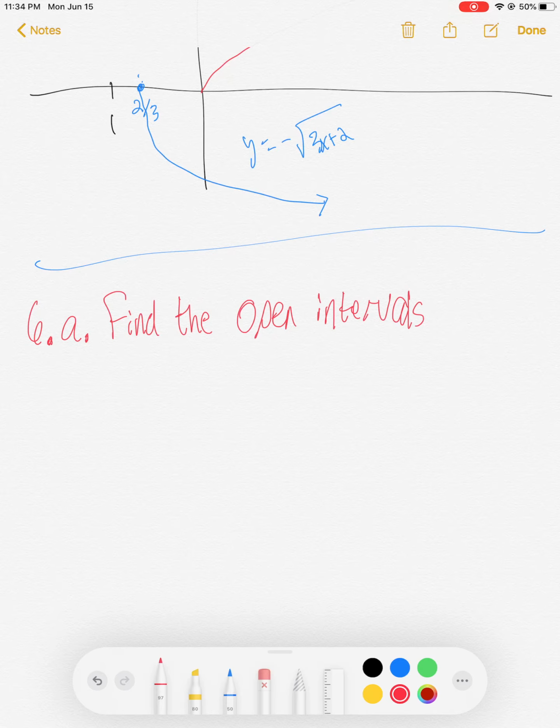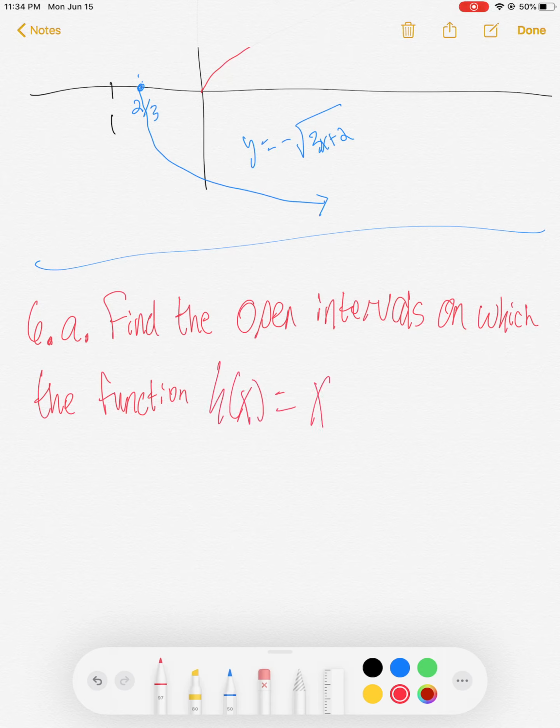All right, so final problem of today's review, problem 6, says find the open intervals. Actually, there are 2 parts, and it jumps right into part A without any lead-in.